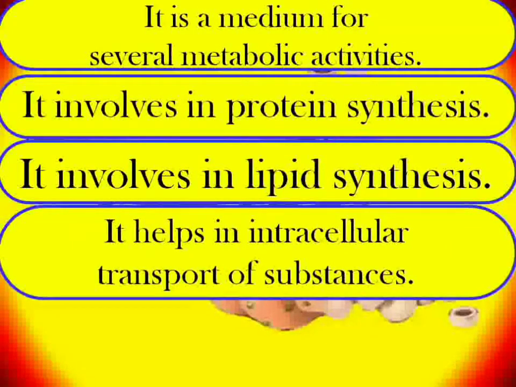This endoplasmic reticulum helps in intracellular transport of substances. Already I told you we can call endoplasmic reticulum the intracellular transport system, because it transports substances inside the cell from one place to another through its lumen.